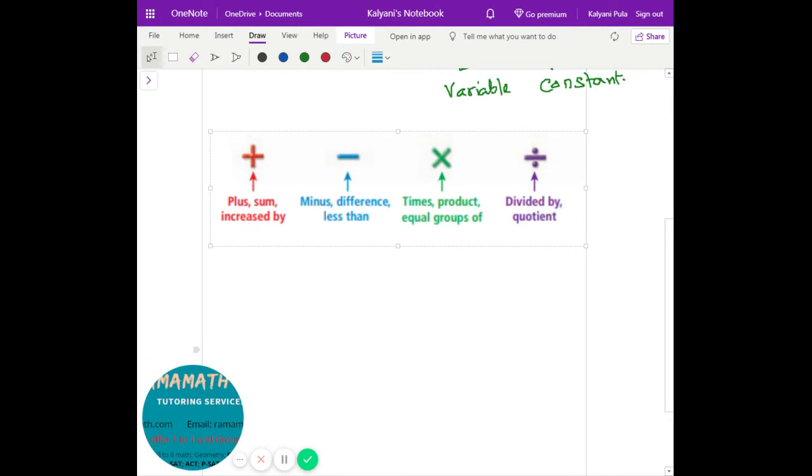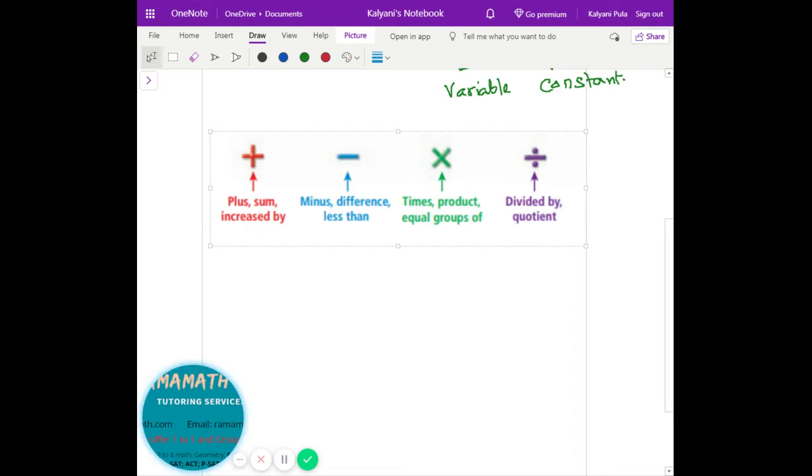All right, next one. When we start with algebra, it's always important to know the other terminology that we use for plus, minus, multiply, and divide. Go ahead and read all the terminology that we have here. Plus, sum, increased by; minus, difference, less than; times, product, equals groups of; divide by, quotient.